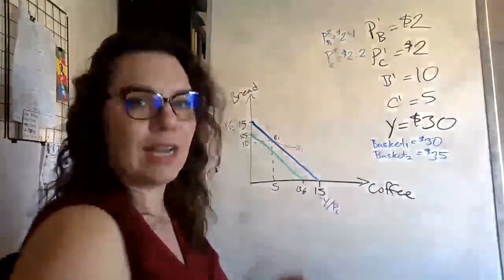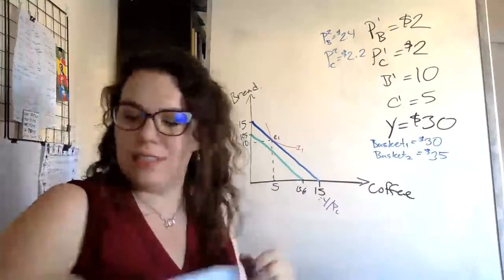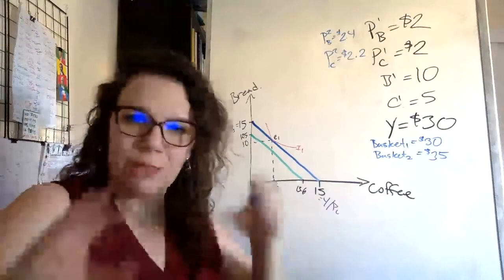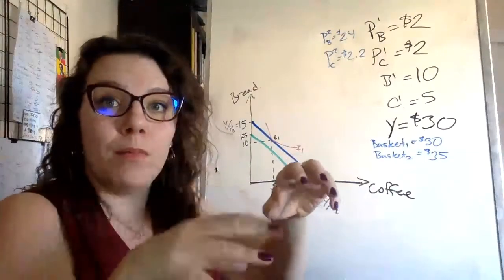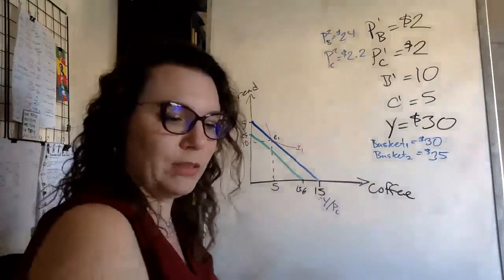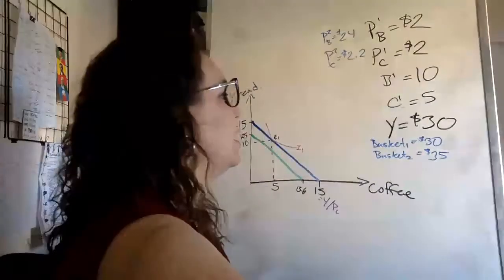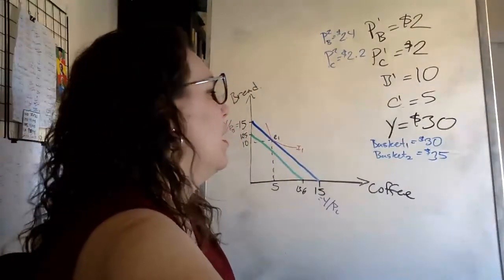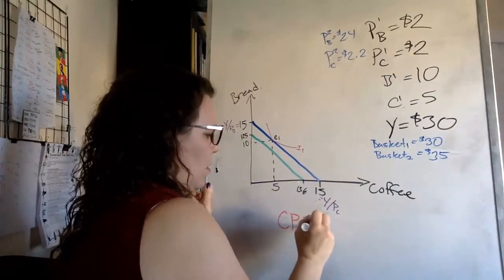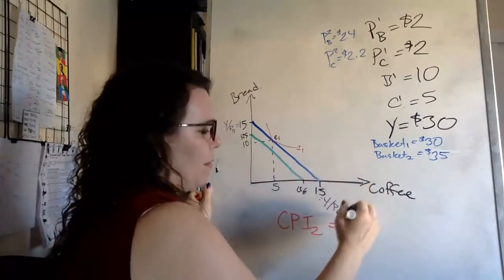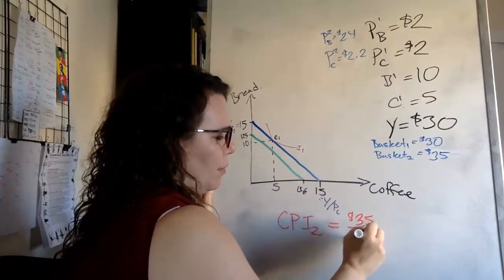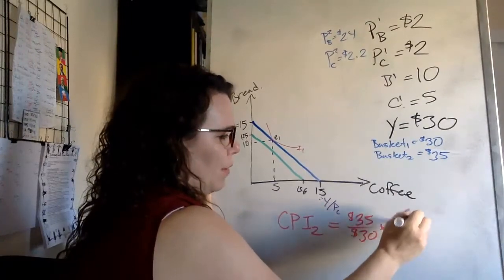So we need to calculate the CPI. And so you want to remember the CPI is the price of the most recent basket divided by the price of the base year. Or in this case, what we're going to do is just divide these prices by each other. So if I want the CPI for period 2, I'm going to divide the cost of the basket in period 2 by the cost of the basket in period 1, multiply by 100.